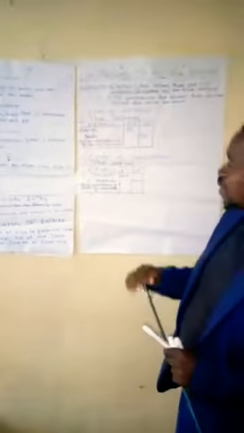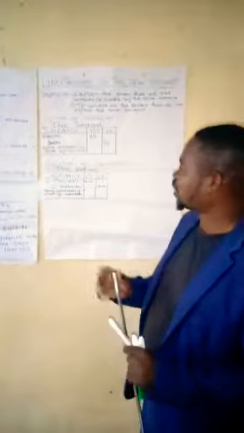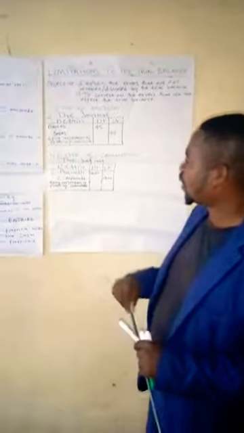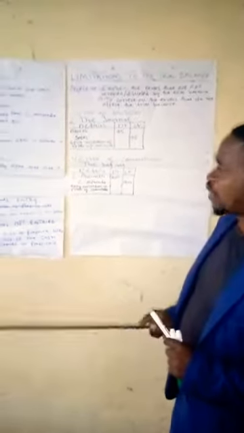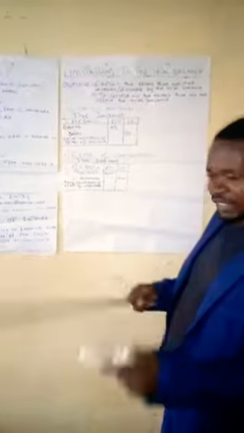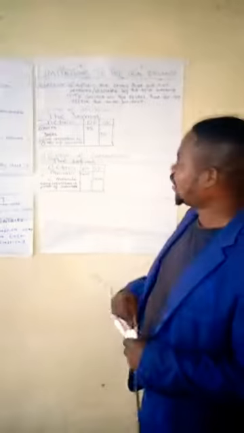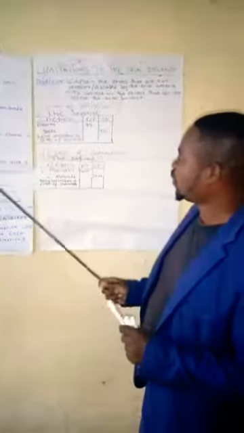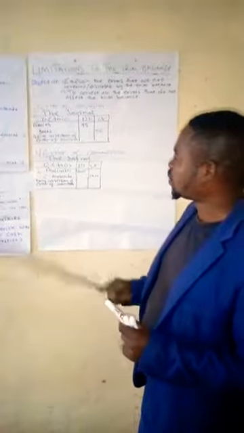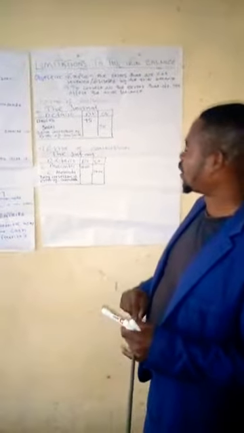If you look at the classes of accounts, we have got two classes: the personal accounts and the impersonal accounts. Under personal accounts, we have the debtors and the creditors. Then in impersonal accounts, we have got nominal accounts and real accounts.